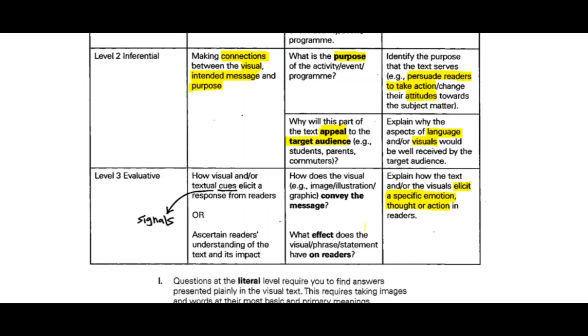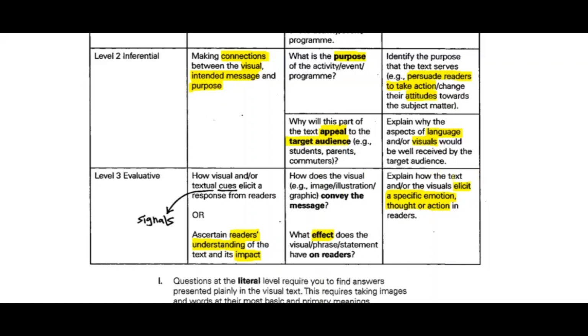Another type of example would be, you need to ascertain the reader's understanding of the text, and identify what is the kind of impact that you will have, right? So you're talking about what effect it will have.